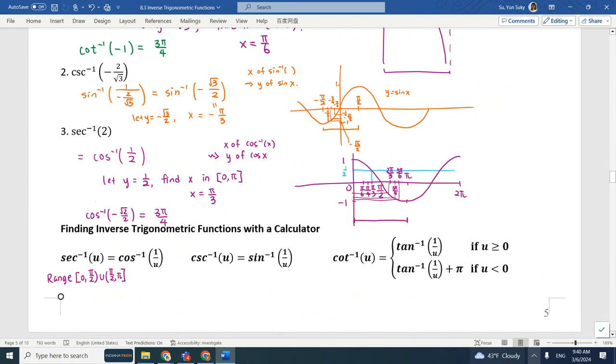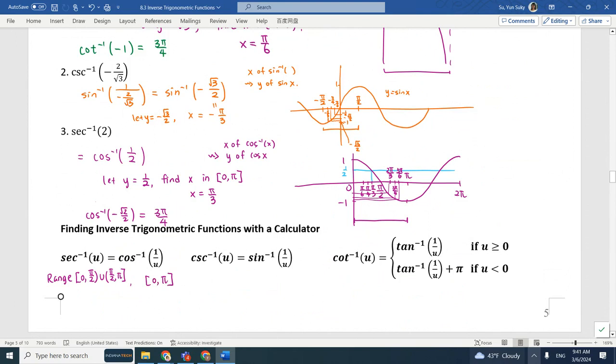And how about the range of arc cosine? You draw the picture of the cosine, and you know the domain of this one-to-one piece corresponds to the range of the arc cosine. So in this case, the arc cosine has range 0 to pi.